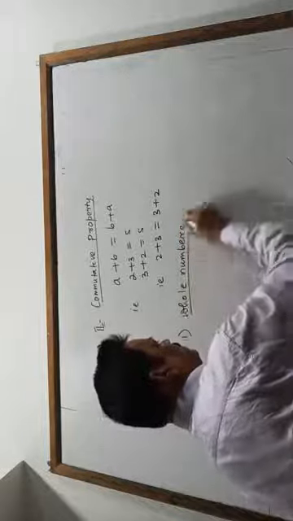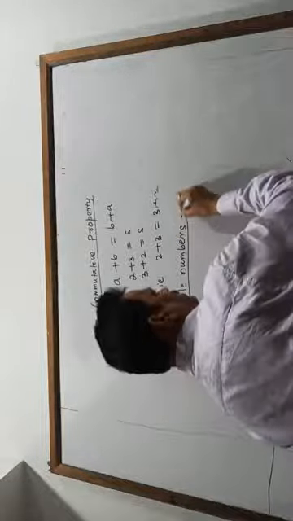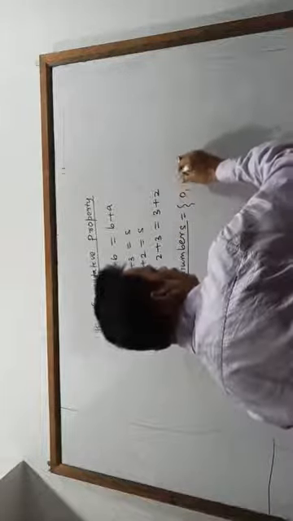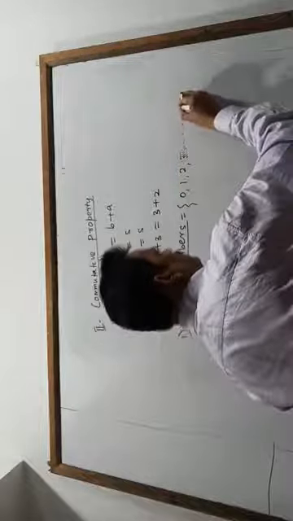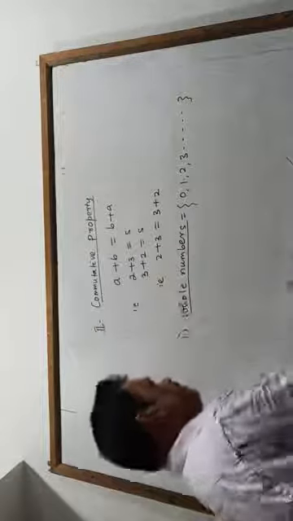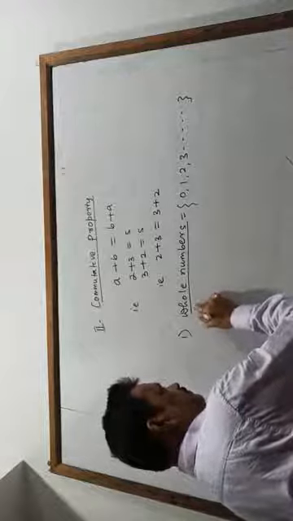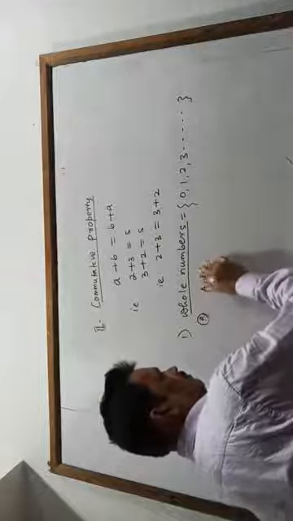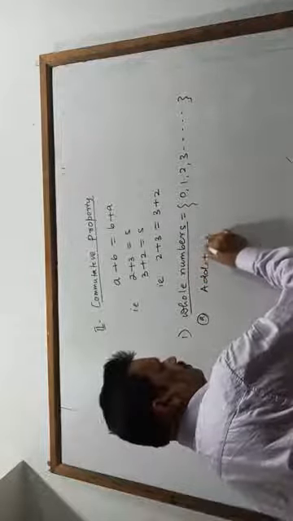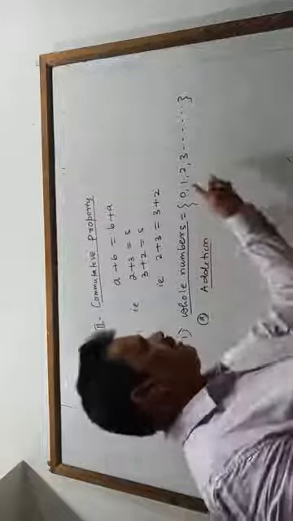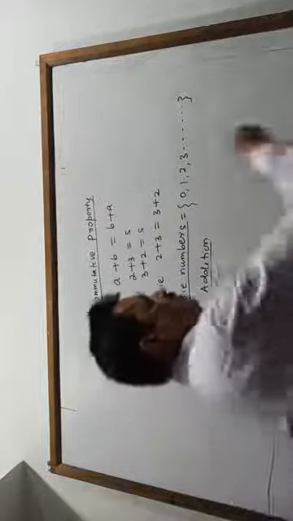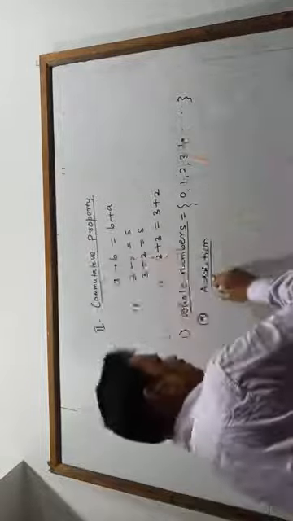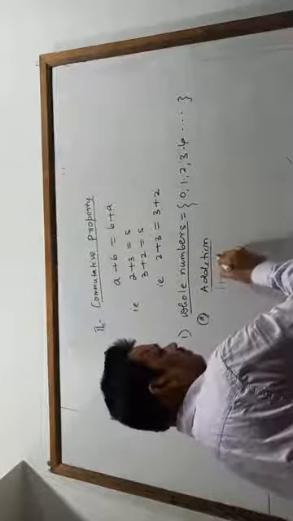Whole numbers are what? 0, 1, 2, 3, like this. First we'll start with addition. Pick any two. Suppose I take 1 plus 4.